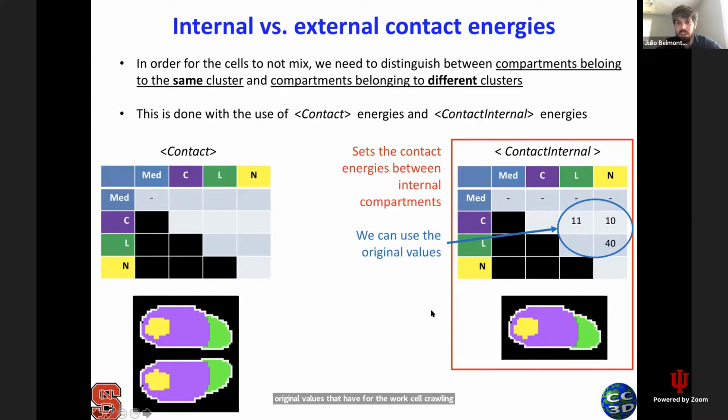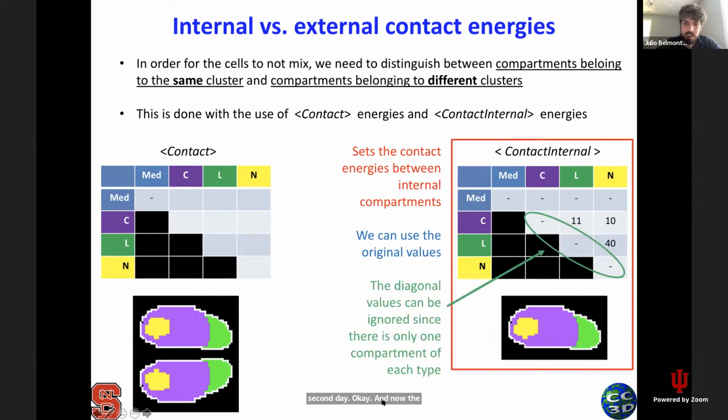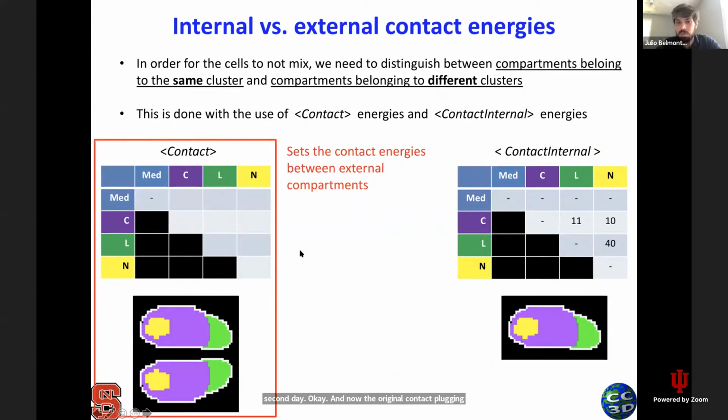Now, the original contact plugin sets the contact energy between compartments that belong to different cells. So if you have two cells that come into contact, these are the values of the contact energy that you're going to set for how the compartments belonging to this cluster interact with the compartments belonging to the cluster above.